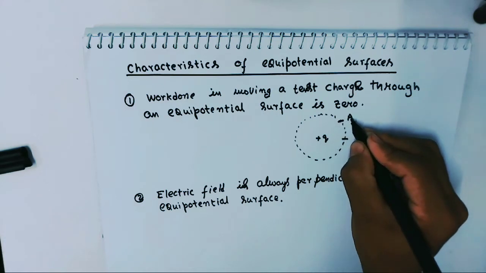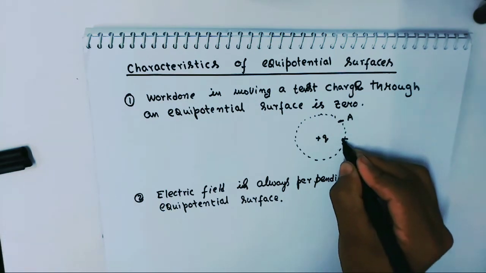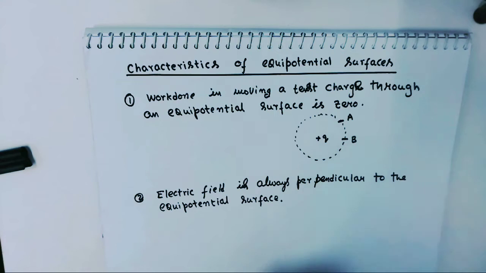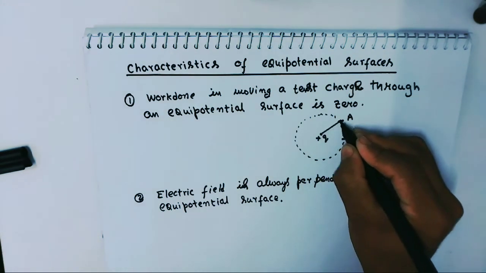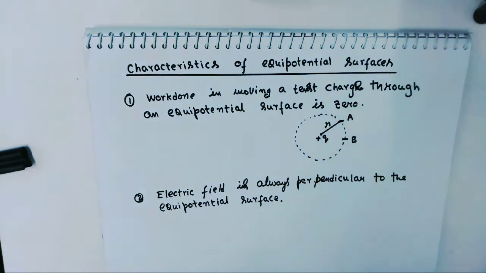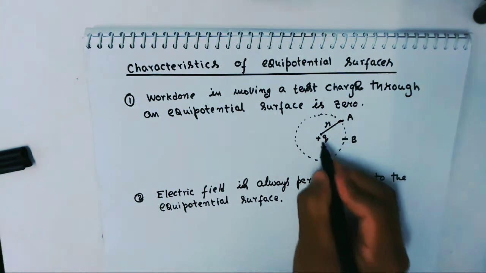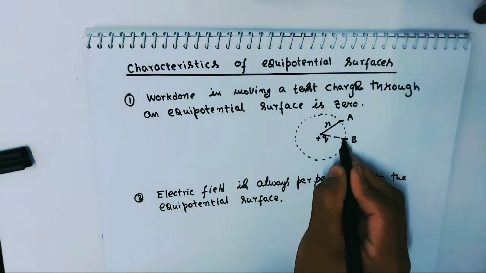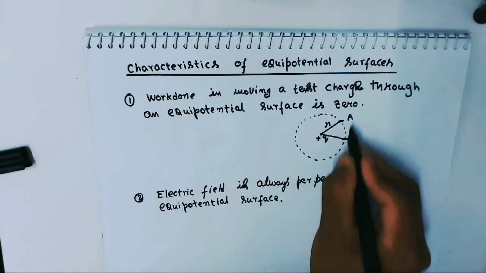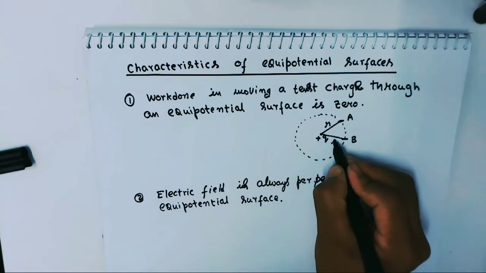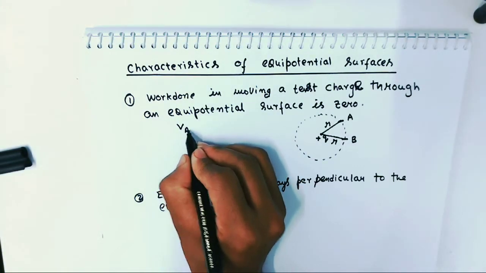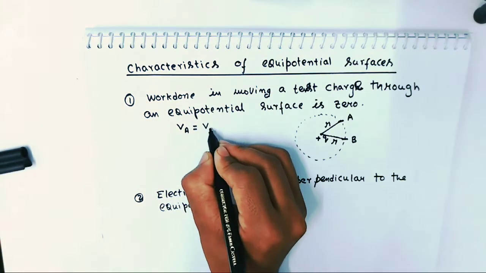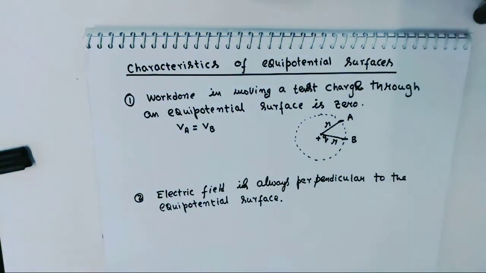Now this is a point A and this is a point B. The distance of point A from plus Q is R, and the distance of point B from plus Q is also R. So potentials are equal, so VA equals VB.